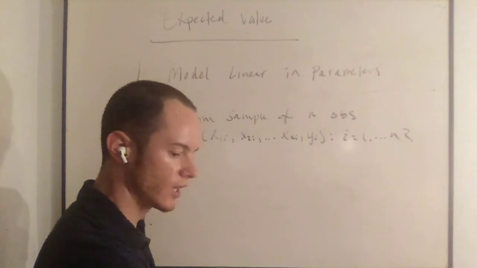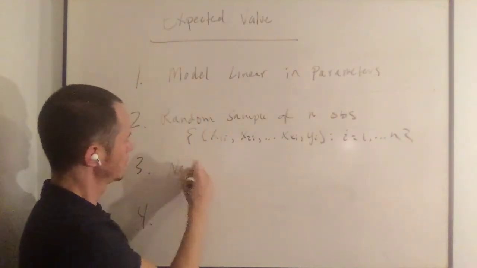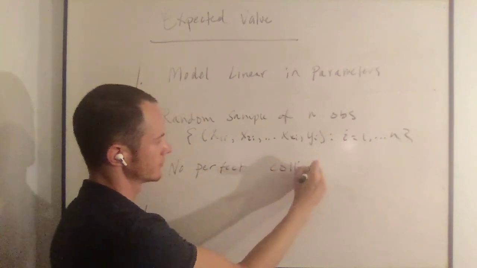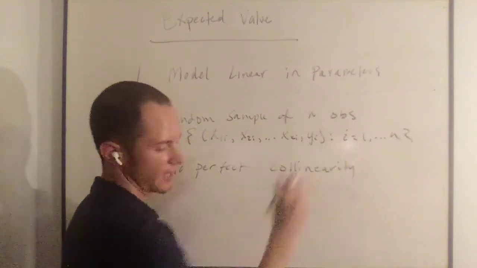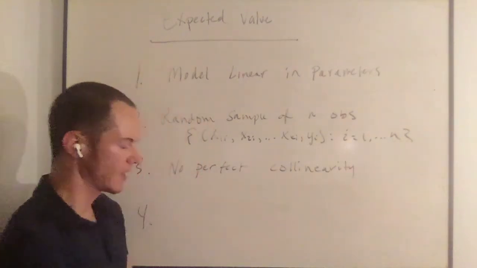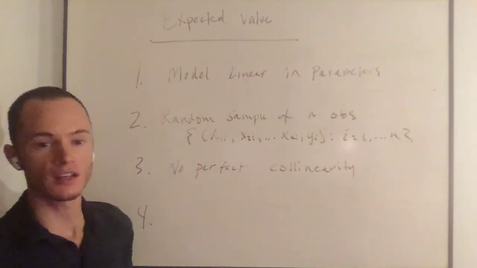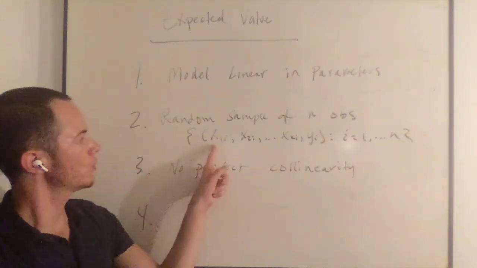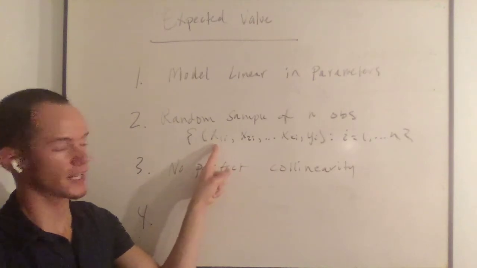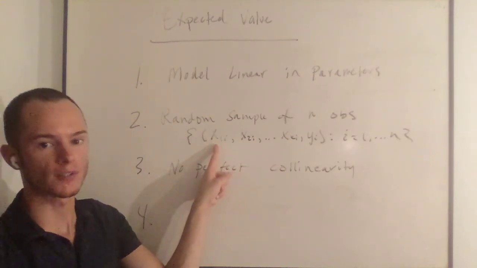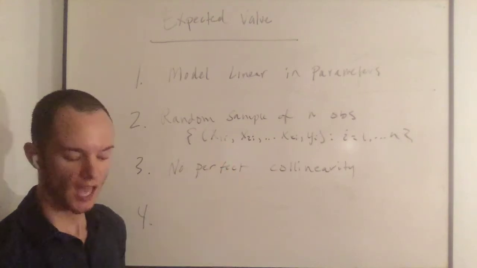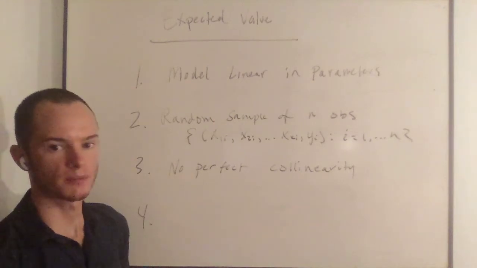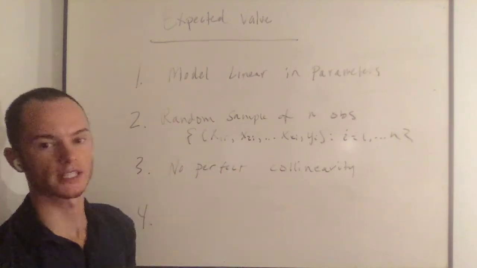Next, we need to be able to assume no perfect collinearity. What do we mean by no perfect collinearity? So we're saying that none of the independent variables are constant. So x1 does not have the same value for all observations i equals 1 through n. And there are no exact linear relationships between any of the x1, x2 through xk.